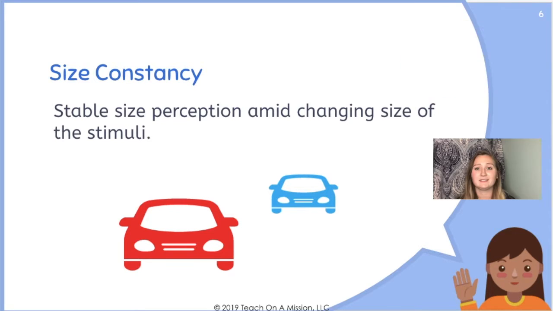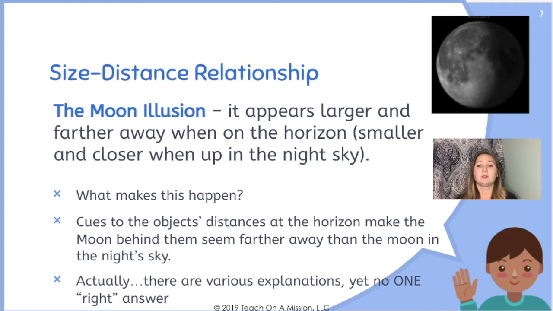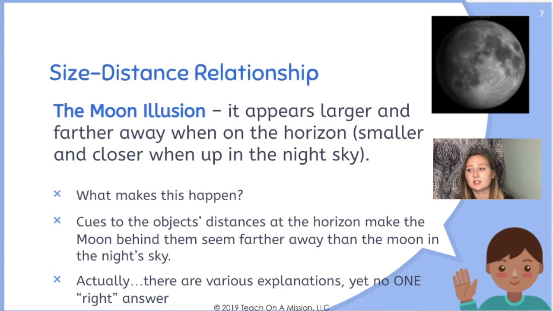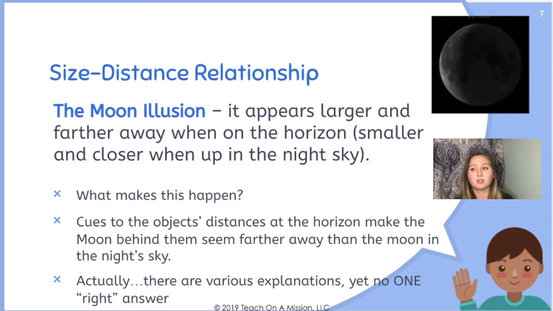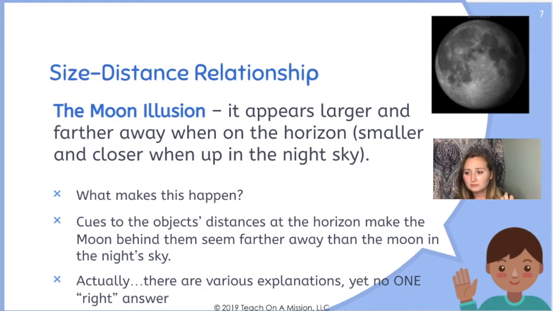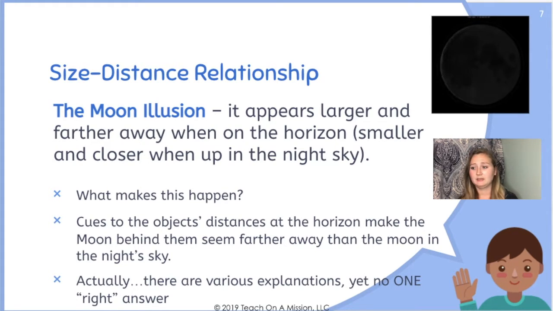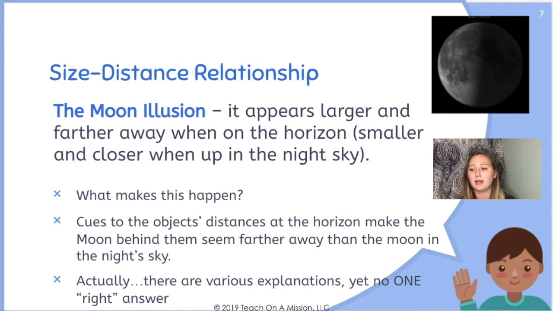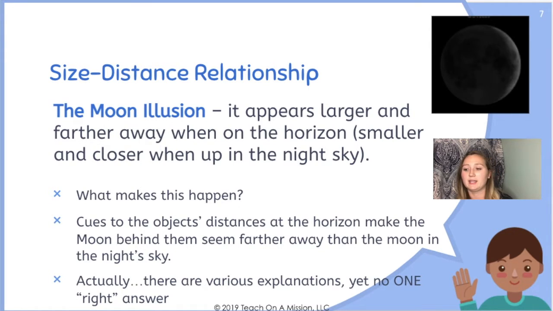And then we get size-distance relationship. For example, the moon illusion. It appears larger and farther away when it's on the horizon, and smaller and closer when it's up in the night sky, right? What makes this happen? Cues to the object's distance at the horizon make the moon behind them seem further away than the moon in the night sky.